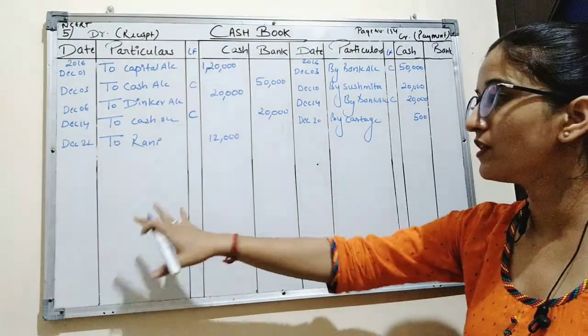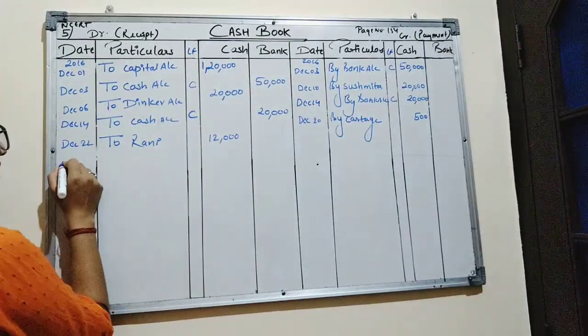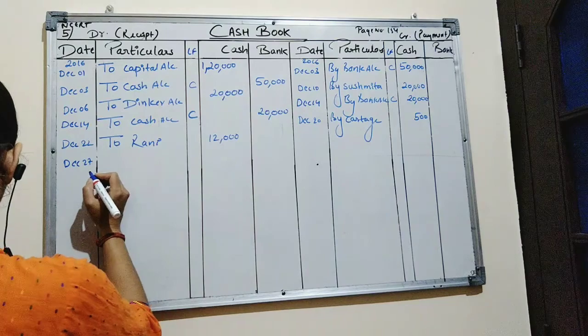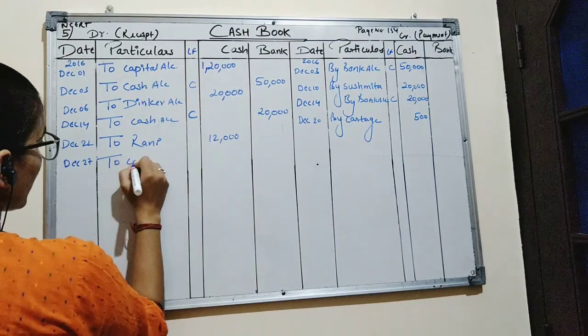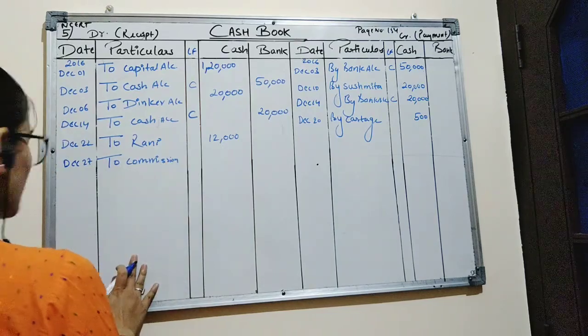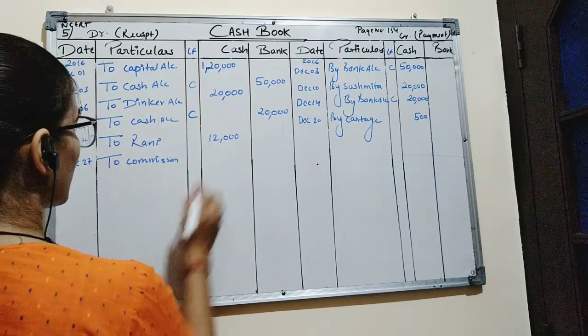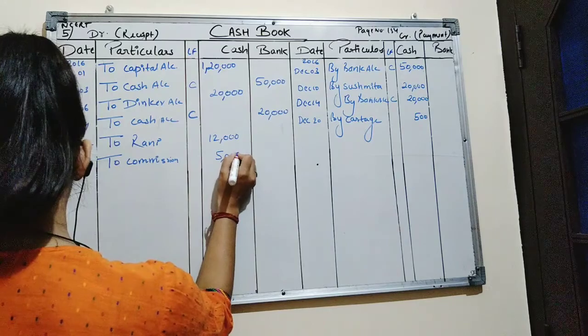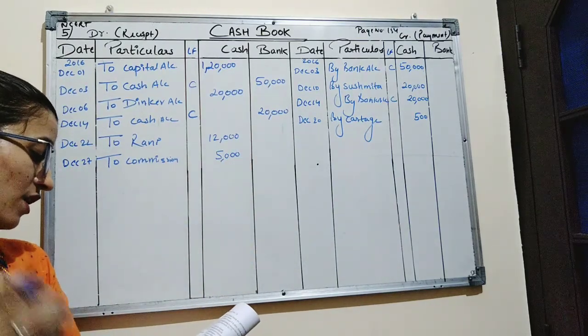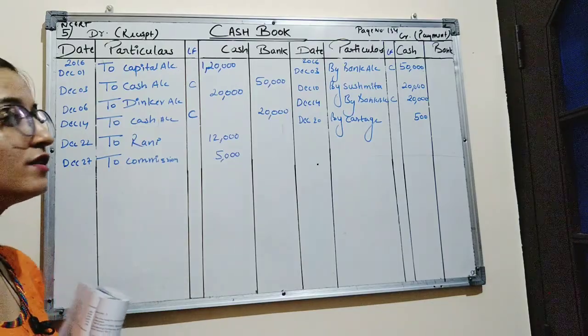So on 27th December, we are receiving a commission of 5,000. So here we will write to commission. Amount is 5,000.